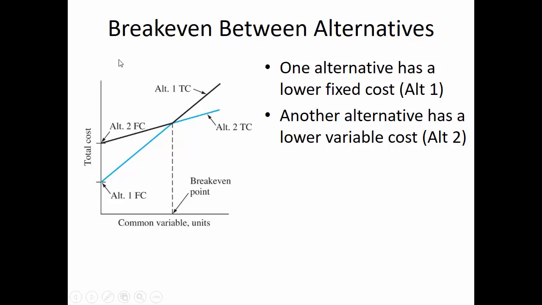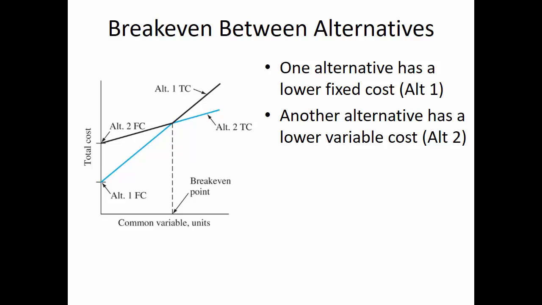Okay, so think about these two curves. If you're just going to hire people to assemble it, probably your fixed costs are lower than if you have a robot. You know, the fixed cost, you've got to buy the robot, and your capital recovery on the robot's going to be really high. But then what this is showing is that once you own the robot, your variable costs are low because you don't have to pay labor costs for the robot.